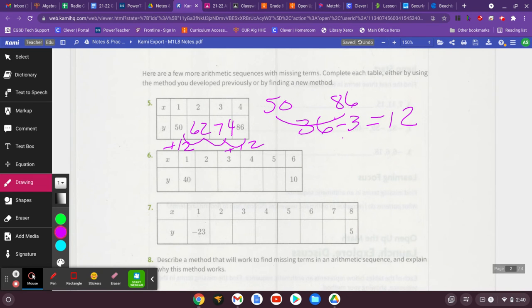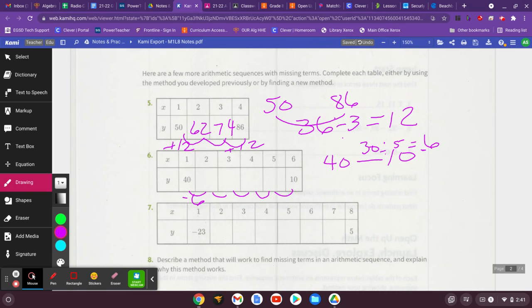All right, next box. We're going from 40 down to 10. That is 30 apart, right? And I have 1, 2, 3, 4, 5 jumps. Divided by 5 equals 6. But it's going down, so it's probably a minus 6.